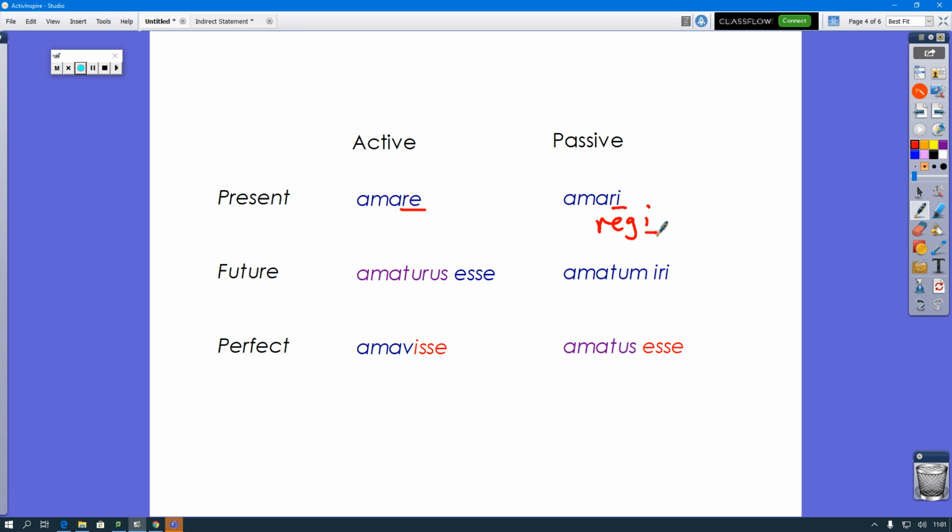But for the other three, we have esse, we have isse, and we have esse. So we do actually have an infinitive there that you can spot. How do I know it's the future? Well, I use the future participle, which we should recognize. How do I know it's the perfect passive? Well, I use the infinitive plus the perfect participle, which I should recognize.